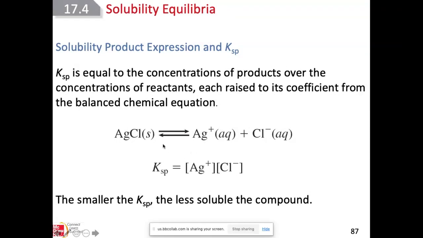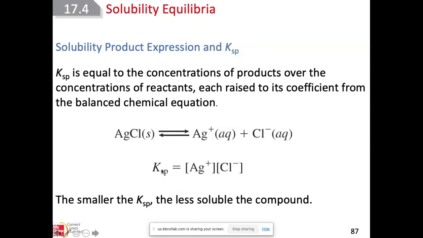So I can put together the KSP equilibrium constant. It's called the solubility product, and again it will be the concentration of the products over the concentration of the reactant. But since the reactant is a solid, we do not put solids or liquids in the expression of the equilibrium constant.